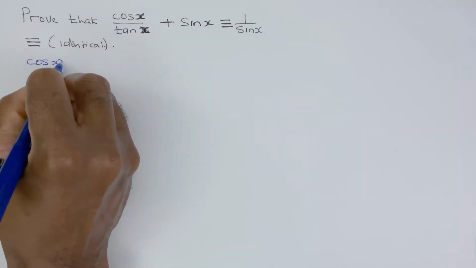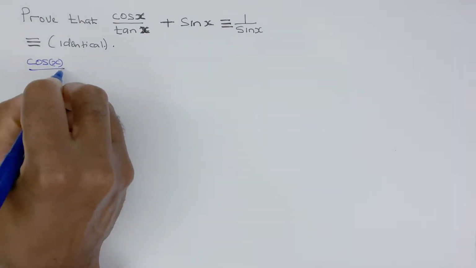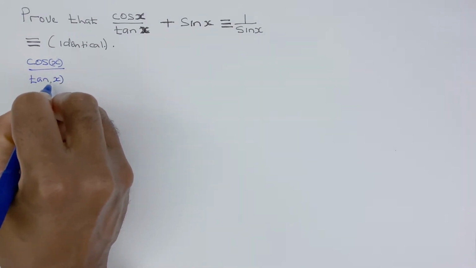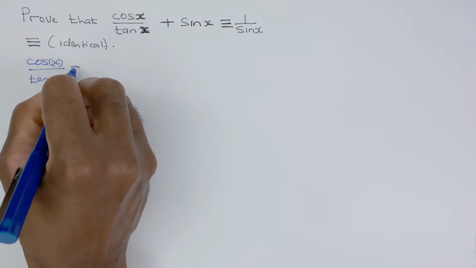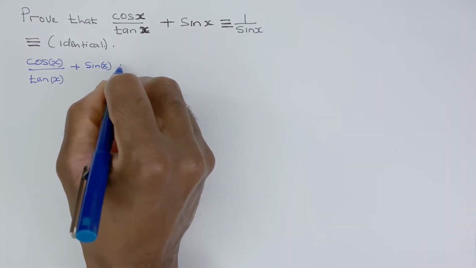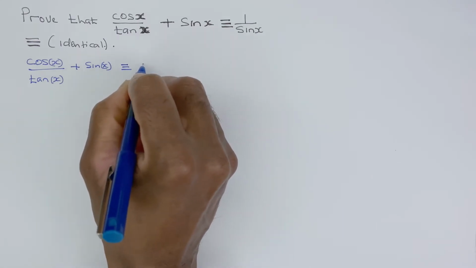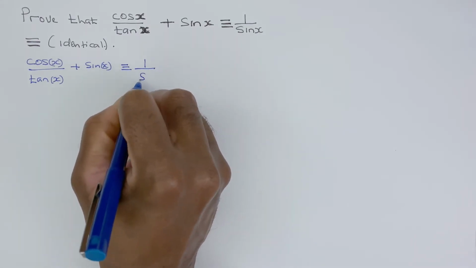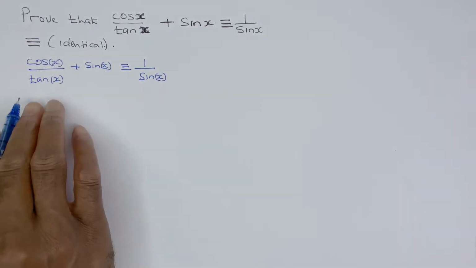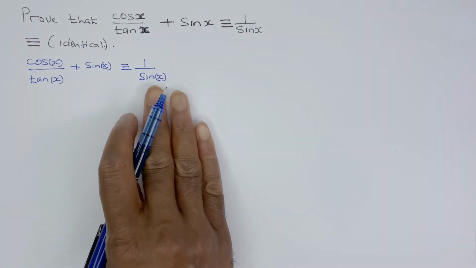Cosine of x divided by tangent of x, and then if you add sine of x, that will be identical to 1 over sine of x. So this is the left hand side and this is the right hand side.